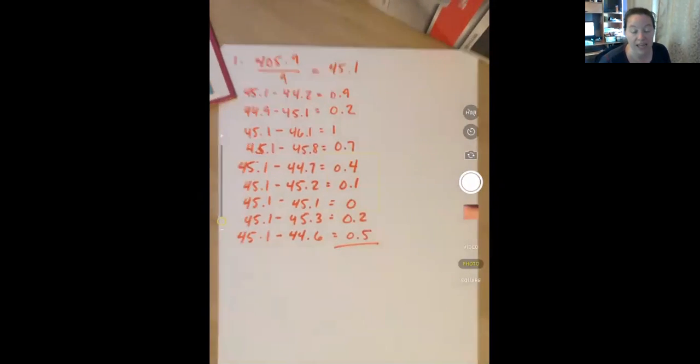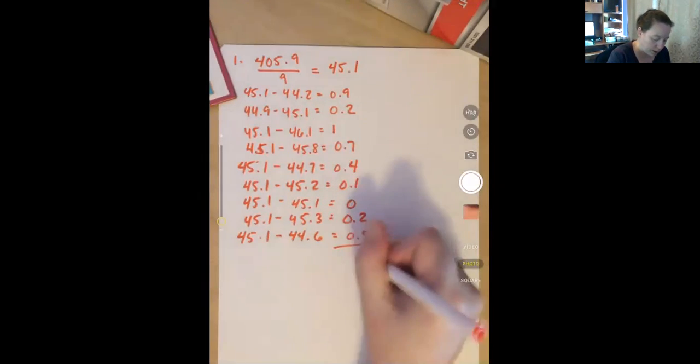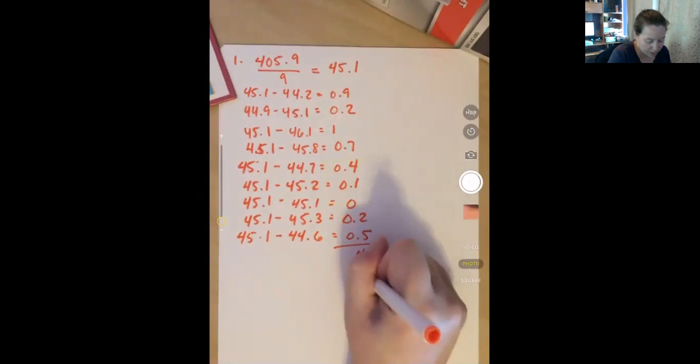Right. So I need to add all of those together. So I have 0.9 plus 0.2 plus 1 plus 0.7 plus 0.5 plus 0.1 plus 0 plus 0.2 plus 0.5 equals straight up 4, divided by 9.